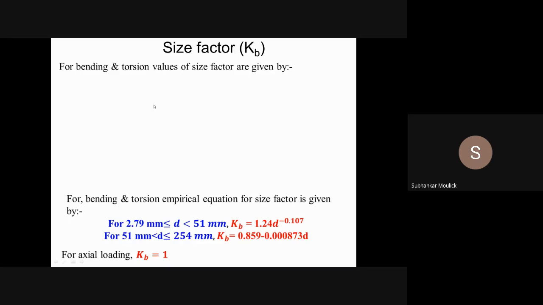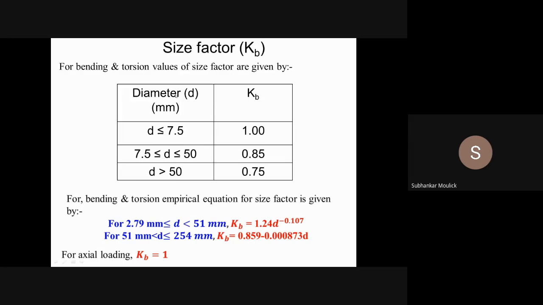Normally, a shaft is subjected to bending and torsion. We know that a shaft can twist, a shaft can bend. So for bending and torsion, the size factor KB is given as follows.